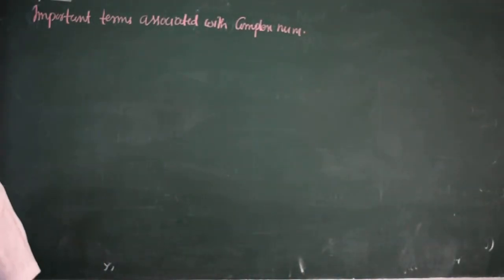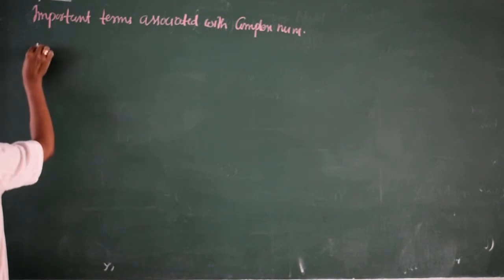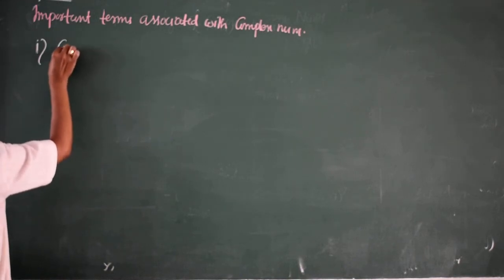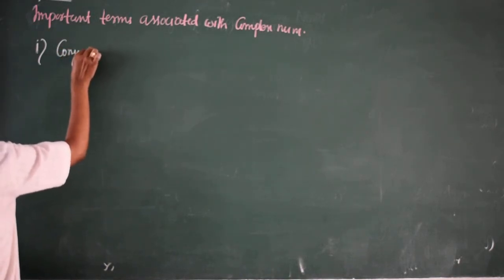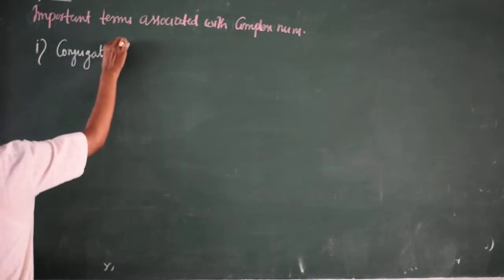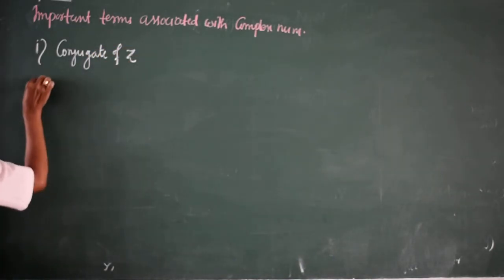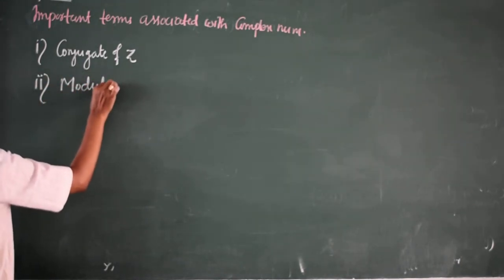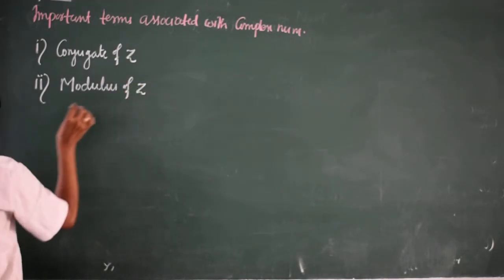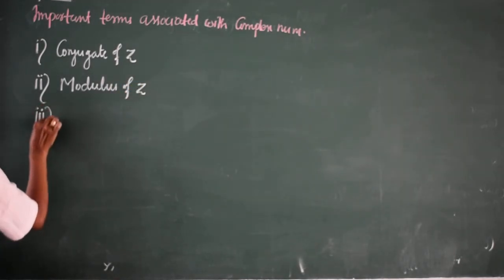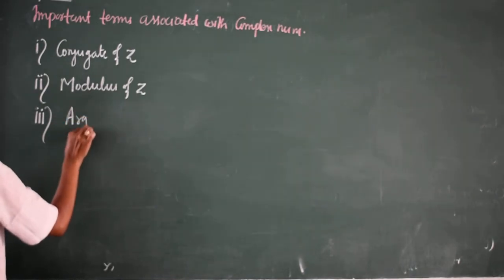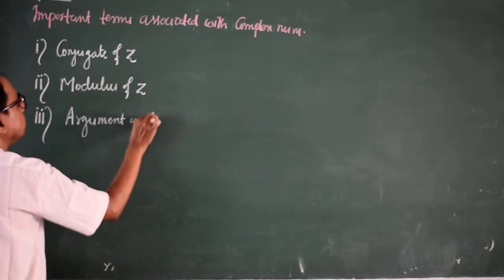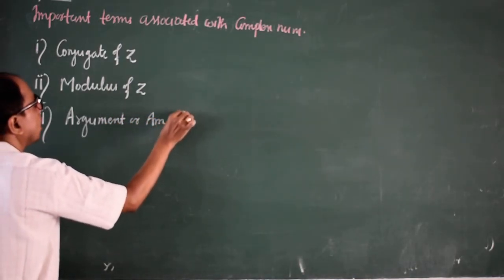So any complex number is associated with these three terms: first, the conjugate of z, second, the modulus of z, and third, the argument or amplitude of z.